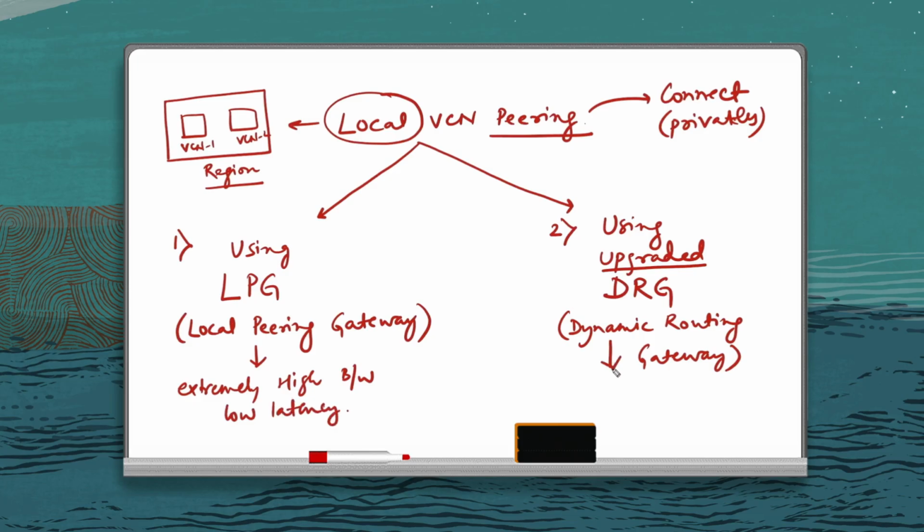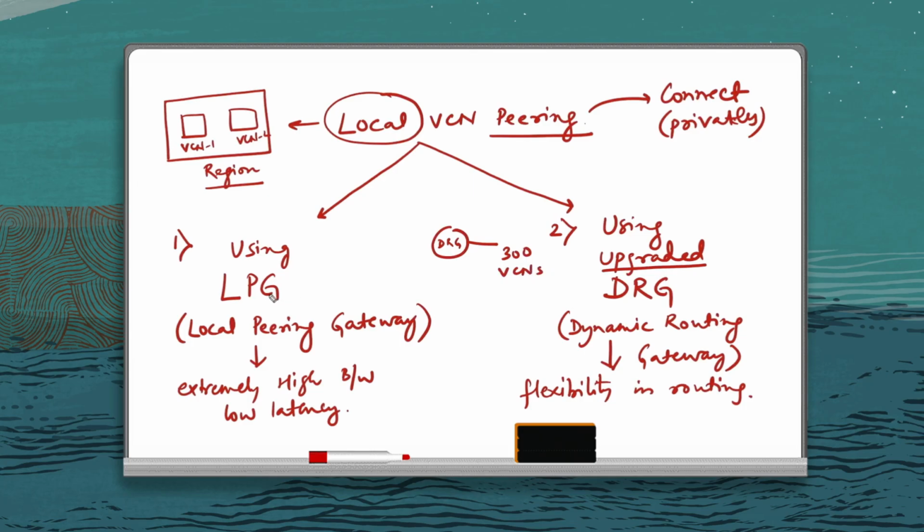The benefit associated with the upgraded dynamic routing gateway is that it provides flexibility in routing. And now you can understand what I mean by flexibility in routing. In the previous whiteboarding discussion a couple of minutes back, I mentioned that if you have a dynamic routing gateway, you can configure it to be attached to up to 300 VCNs.